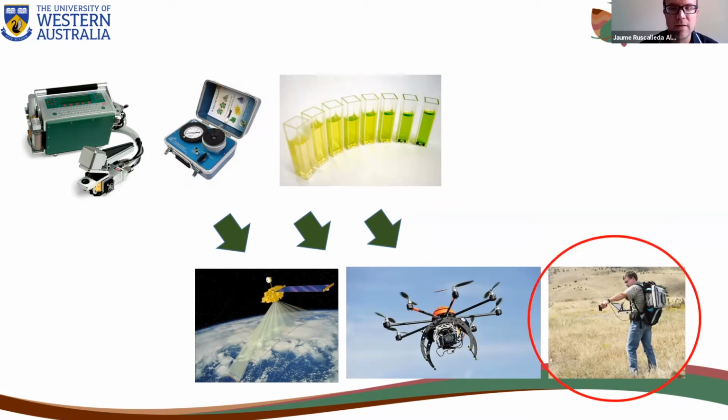And in this project, I focused on using ground level methods, basically because they provide a level of accuracy that is appropriate to establish those relationships between physiological traits and remote sensing. And the idea is to see which of these methods have potential to be upscaled to more remote platforms.